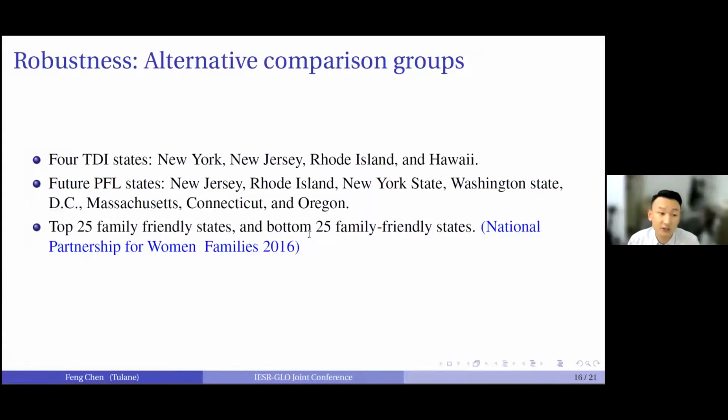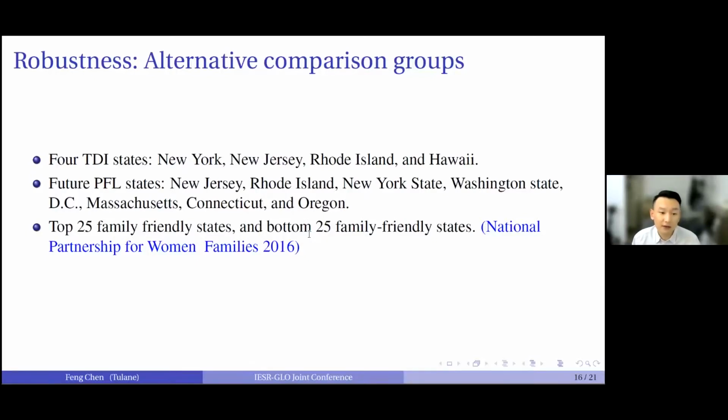The motivation for all these robustness checks is to deal with the concern that the policy in California might be endogenous. It is possible that some unobservables correlated with this policy and also correlated with infant mortality would bias my estimation results.